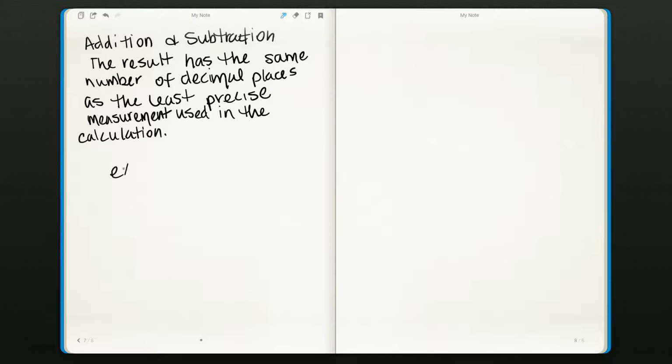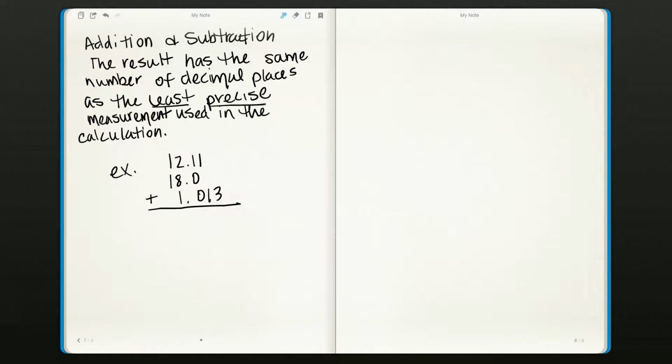So example, 12.11 plus 18.0 plus 1.013. Okay, so addition and subtraction, you always look at the number of decimal places. Whichever number has the least number of decimal places is the number that is the least precise.